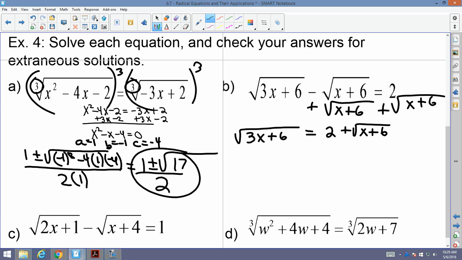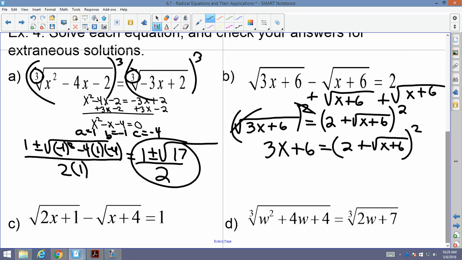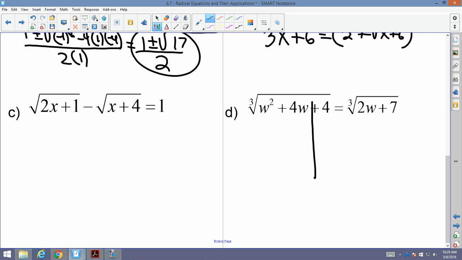How do I cancel out that radical of 3x plus 6? You square both sides. Very good. So this is going to give me 3x plus 6 equals 2 plus the square root of x plus 6, squared. Before we get to this, let me just drop this down.